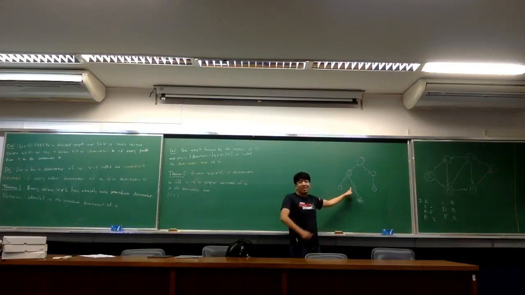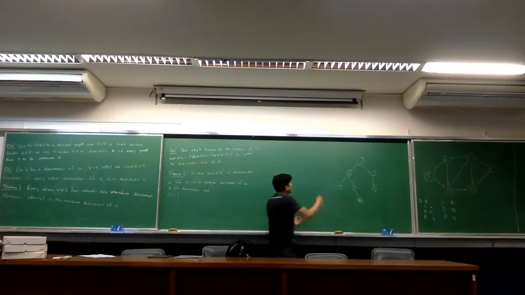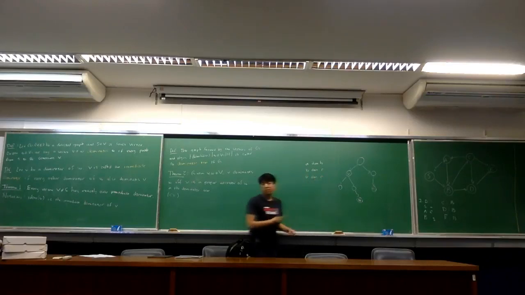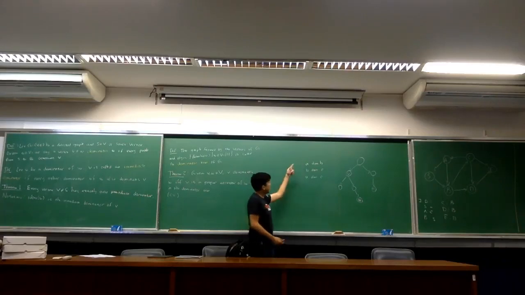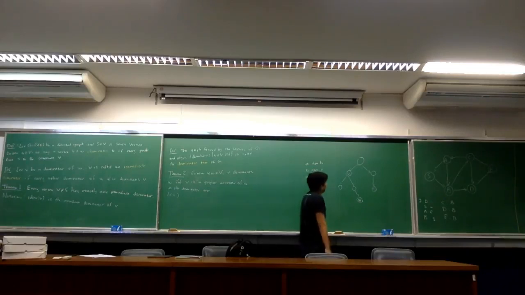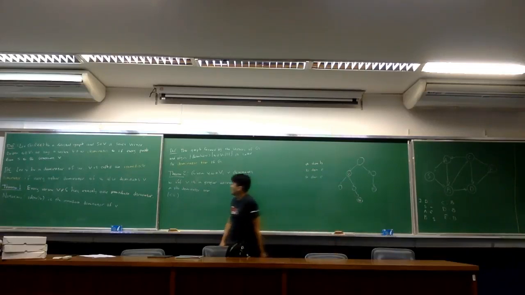So V dominates this guy, and this guy dominates this guy, for the same reason. And dominance is a transitive relation. If A dominates B and B dominates C, then A must dominate C, because every path from S to C has to pass through B, and every path from S to B has to pass through A. So every path from S to C has to go through A. So yeah, the converse is pretty easy.